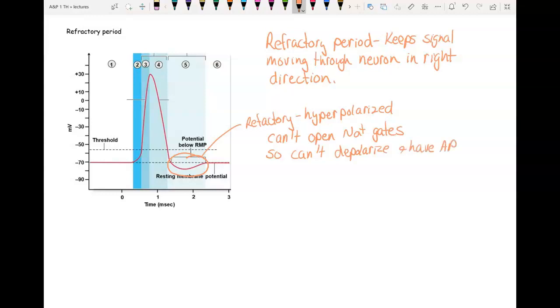Once you return to resting membrane potential, so right here, then you can open sodium gates and you are ready to have another action potential.